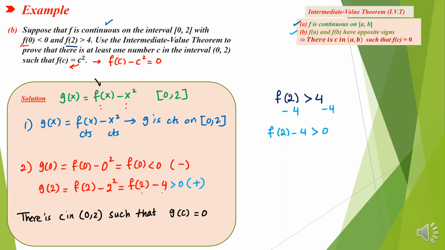But by the definition of g of x, g of c is f of c minus c squared equal to 0, and if you move c squared to the right hand side, you will get f of c equals c squared, and that's it. Thank you.